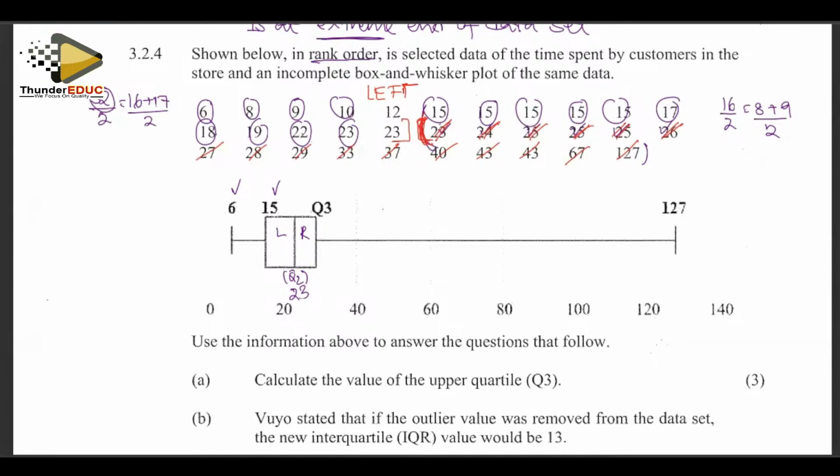So we shall just count 1, 2, 3, 4, 5, 6, 7, 8. So our Q3 will be here. So Q3 will equal 28 plus 29 divided by 2, which became 28,5. Our Q3 is that much.